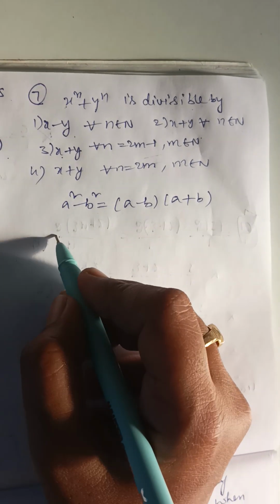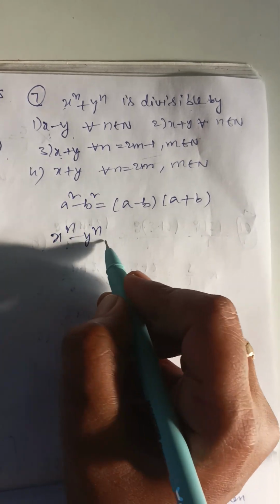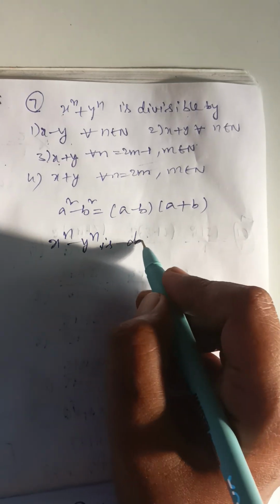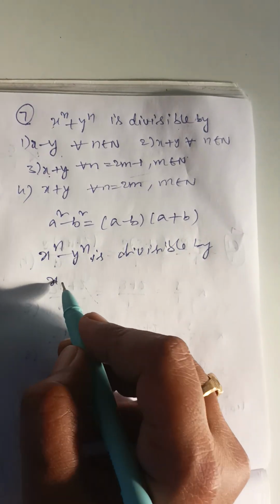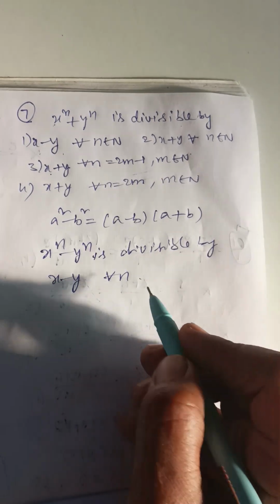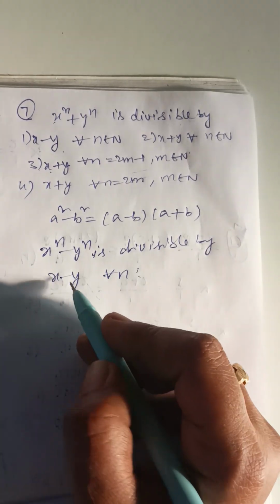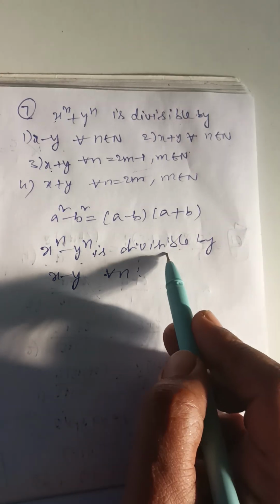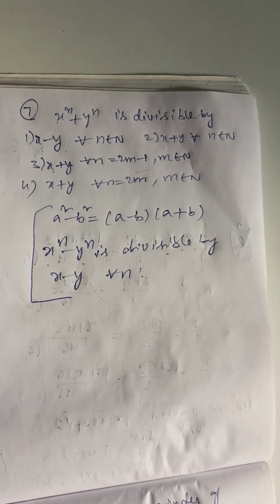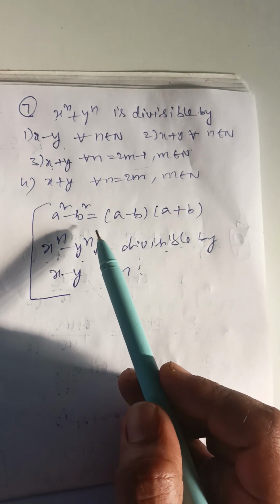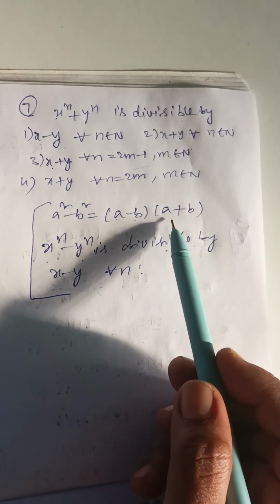So from this we can write x power n minus y power n is divisible by x minus y for all n belonging to natural numbers. But a square plus b square, we can't write it as a plus b into something.